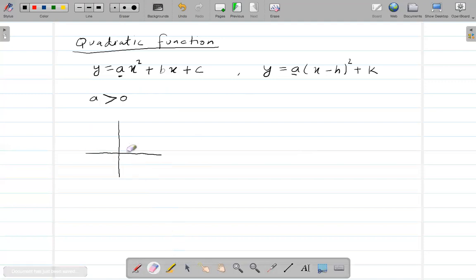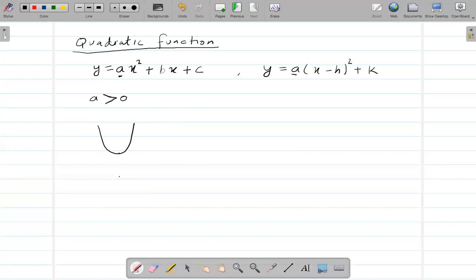Since we know it's a parabola, if a is greater than 0, then it's always going to be facing up, something like this. So that means we're always going to have a minimum.